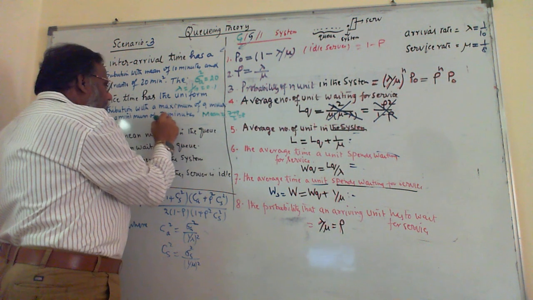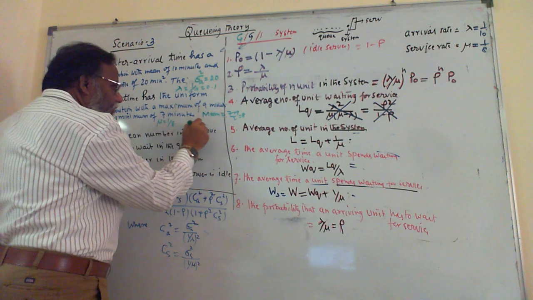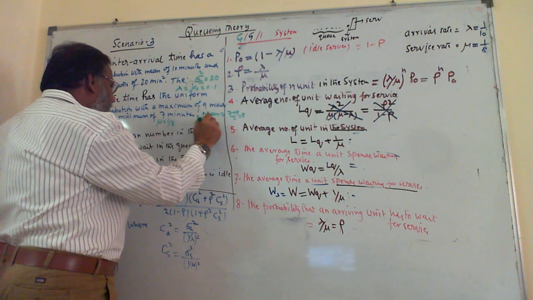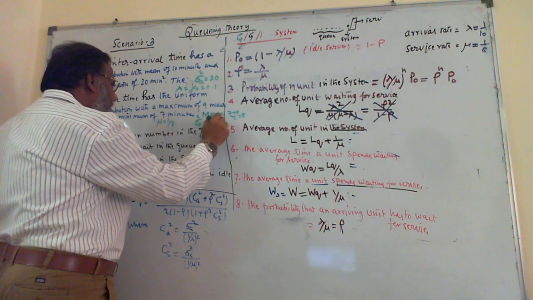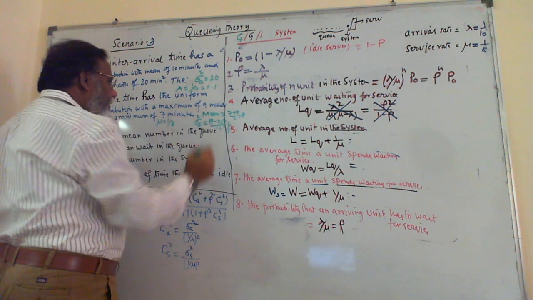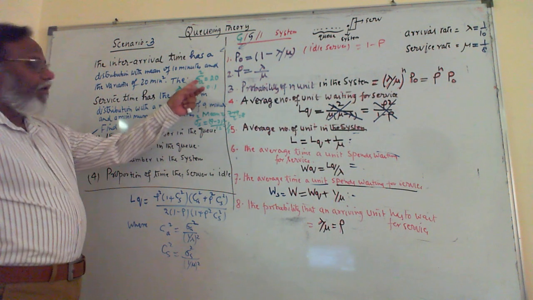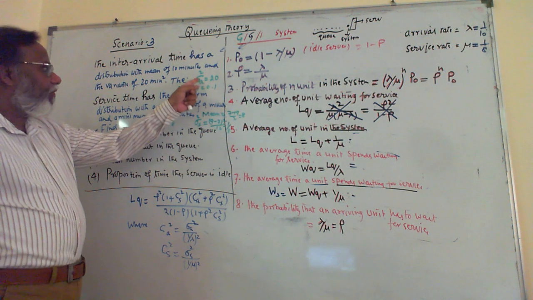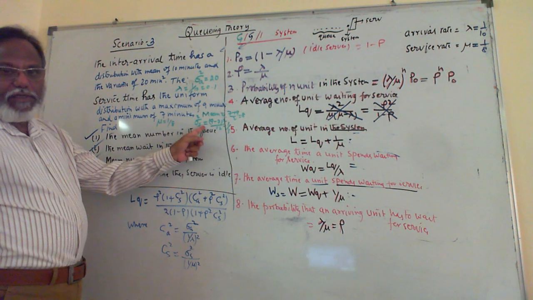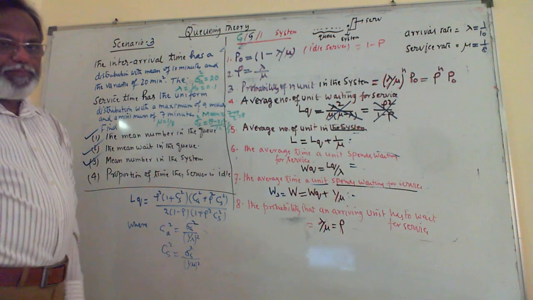So mu is 1/8, and the variance, sigma S squared, is (9 minus 7) squared divided by 12, which is 1/3. So we now have extra information in terms of the variance of the arrival time and the variance of the service time. This is the different scenario here.